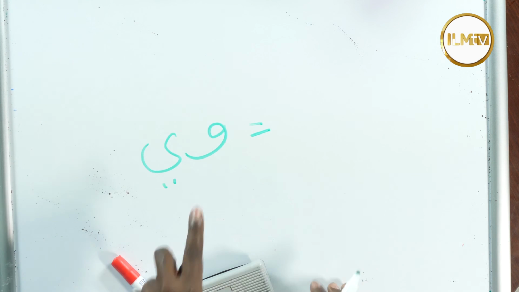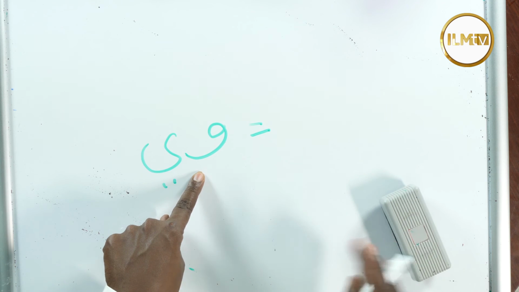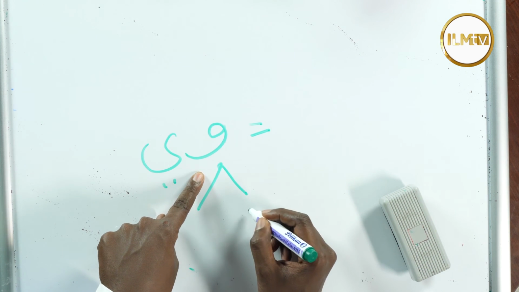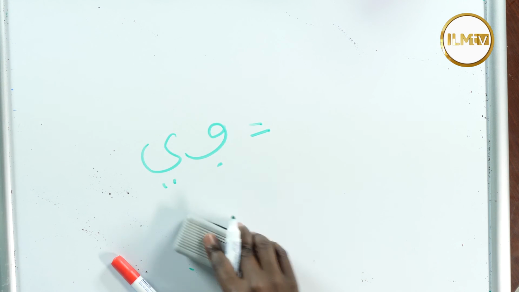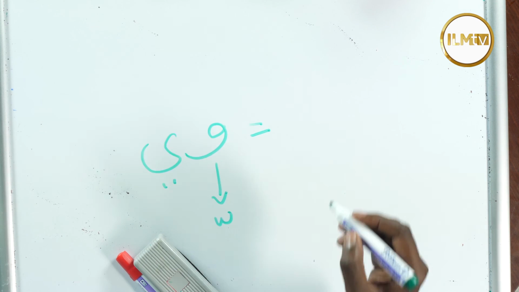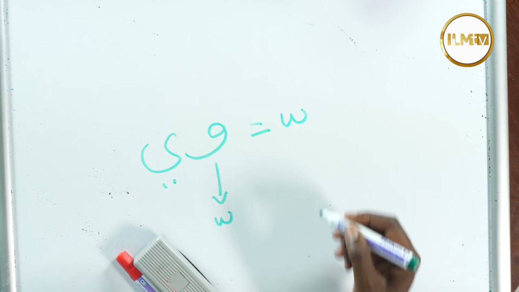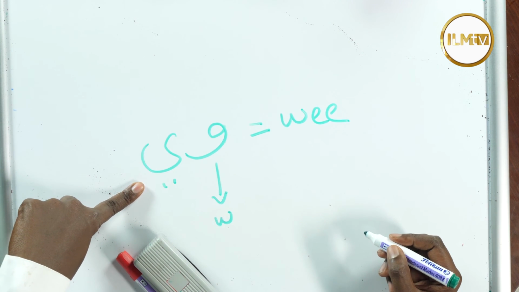When you see waw followed by ya, waw has two options. It's either a double O or a W. So you take the first one is always a W. So we have W followed by a vowel. It becomes we.